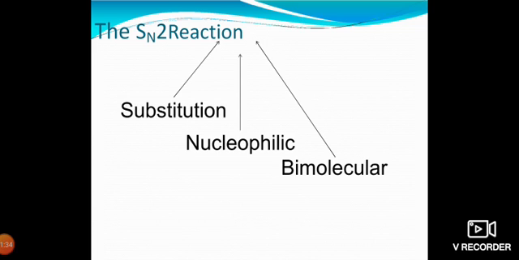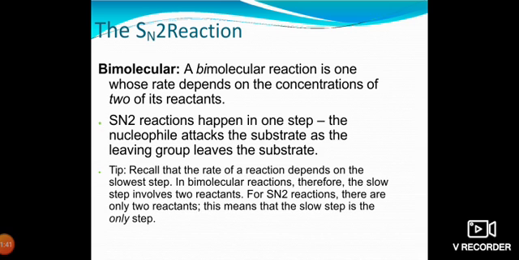Next, the SN2 reaction. SN2 means bimolecular nucleophilic substitution reaction. A bimolecular reaction is one whose rate depends on the concentration of two of its reactants. The SN2 reaction happens in one step, whereas the SN1 reaction happens in two steps.